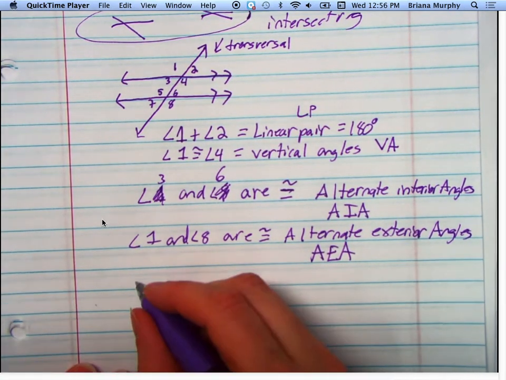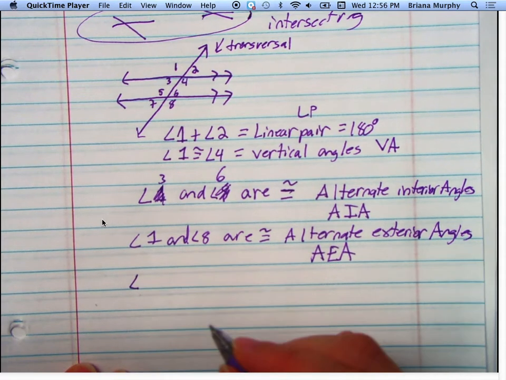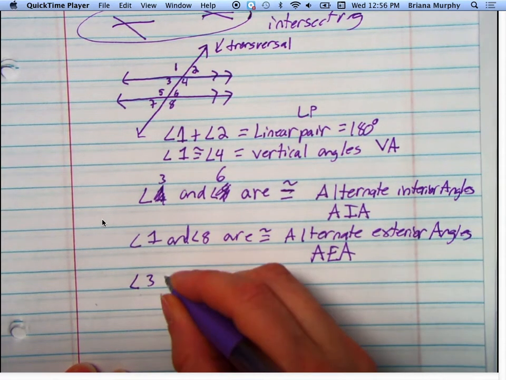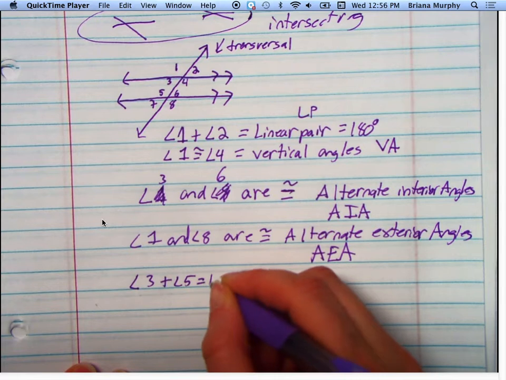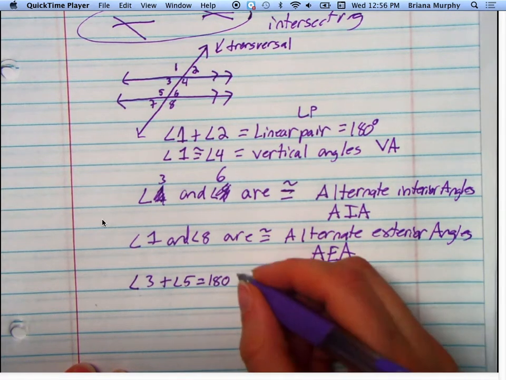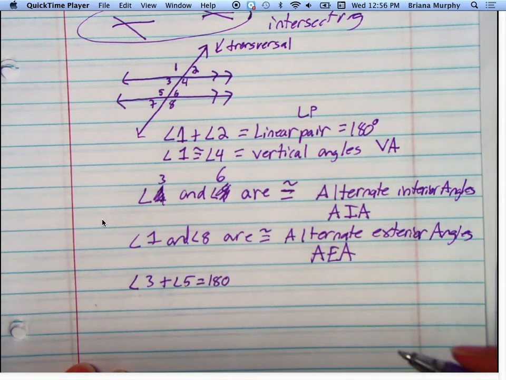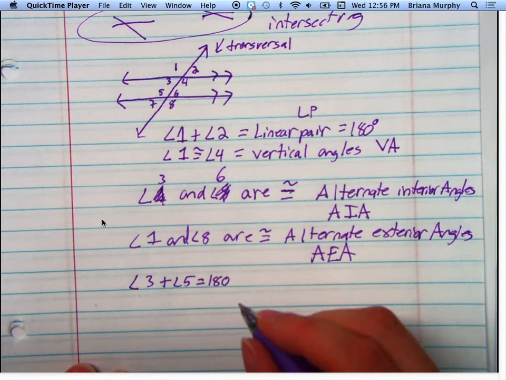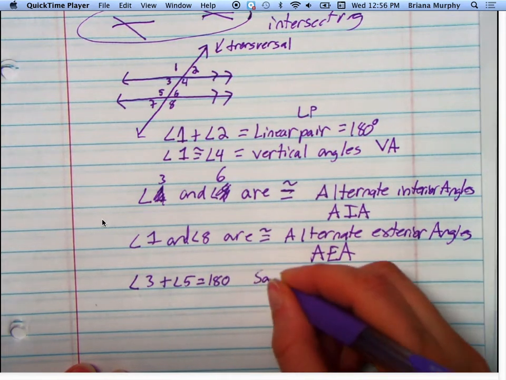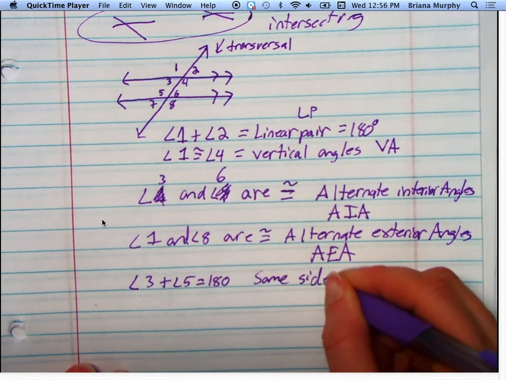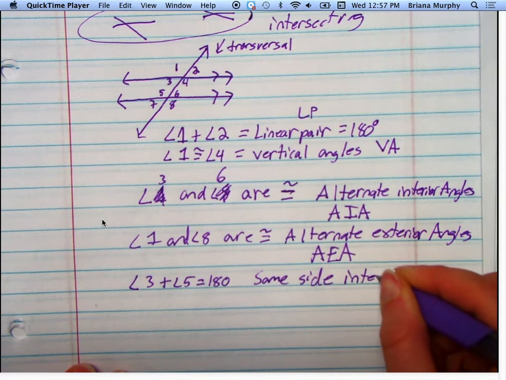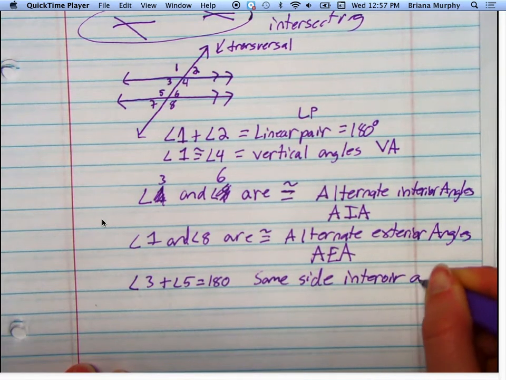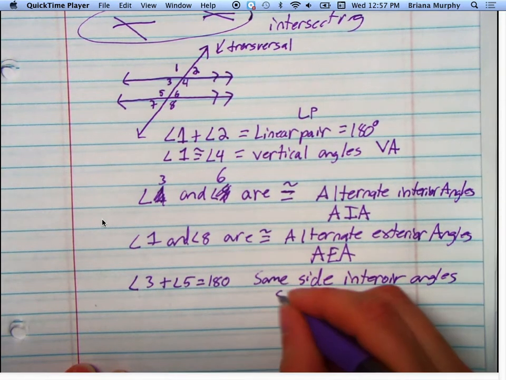Then we have angles 3 plus angle 5 equals 180, or we call that supplementary when something adds up to 180. These are same side interior angles. And we just call that SSI.